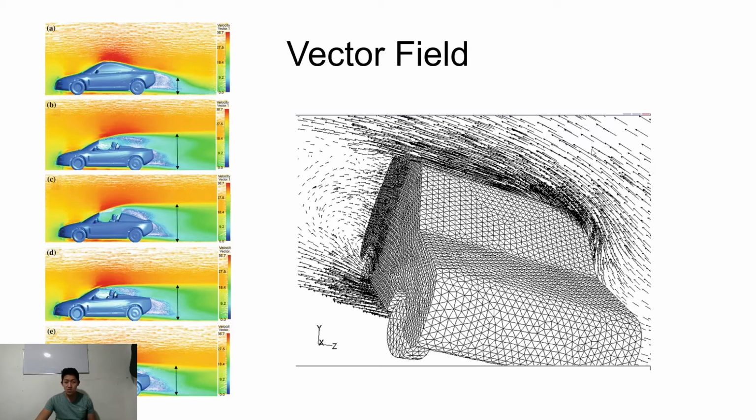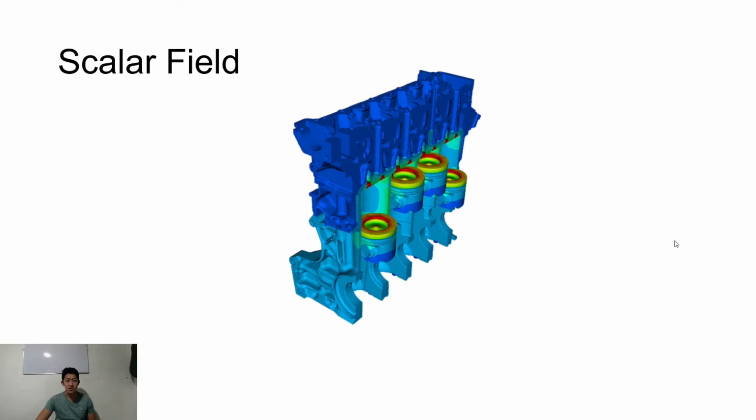So how is this plotted? That is what we will do now. And this is an example of a scalar field.